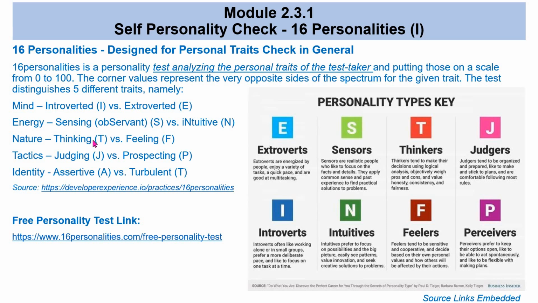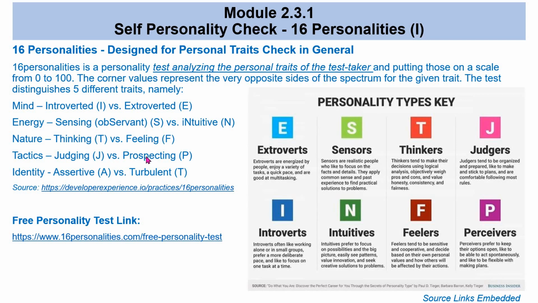The third trait deals with nature, which has to do with how you think and how you feel. Thinking is represented by T and feeling is represented by F. And the fourth one is tactics, which looks at judging or prospecting and mainly deals with strategy in terms of planning.